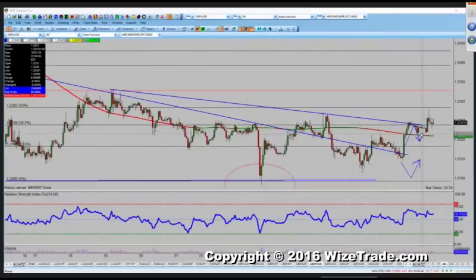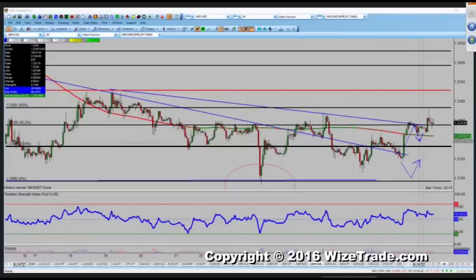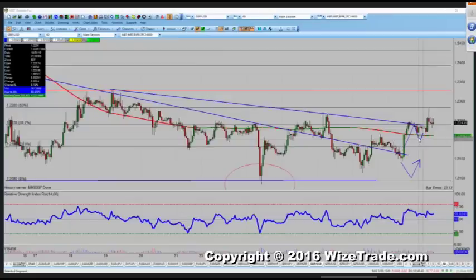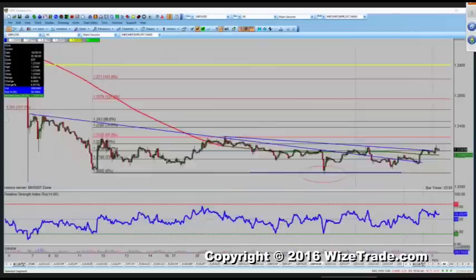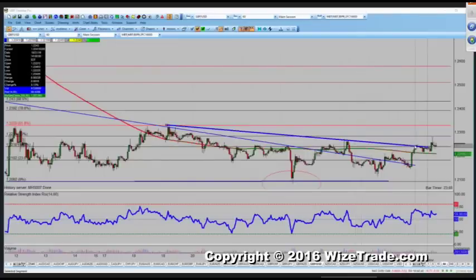Now, obviously we spiked above that yesterday. Let me get rid of this stuff that we drew out yesterday here. We basically stopped there and came off. That was good. Now today we broke this resistance here. Actually, I don't want to get rid of that for now. I'm going to keep it.